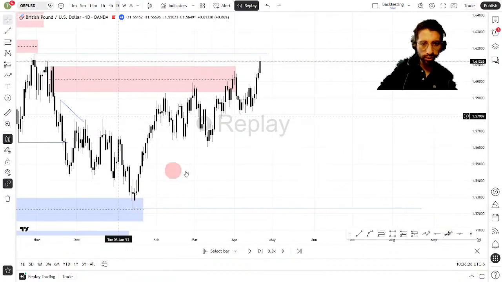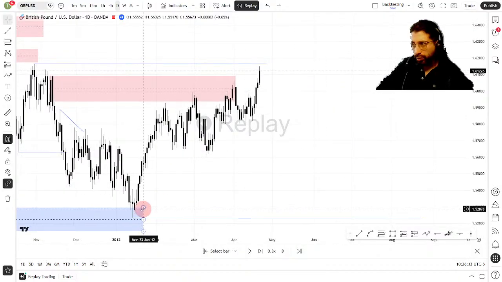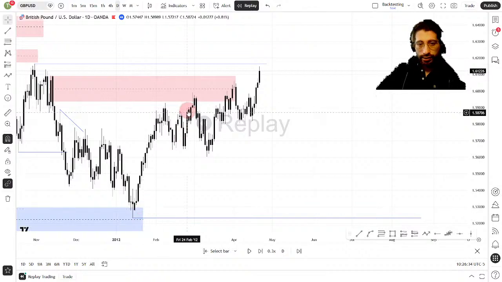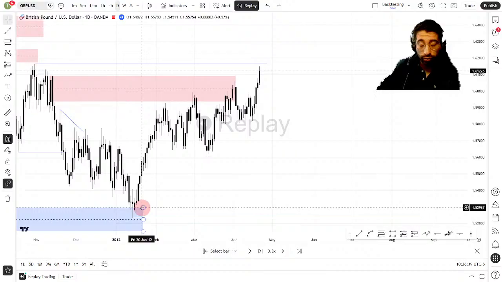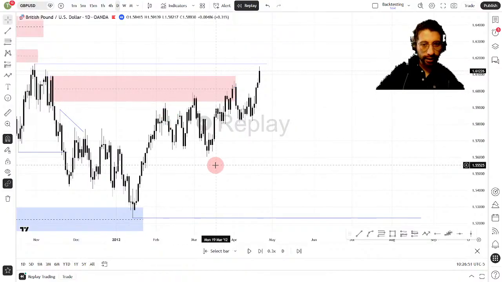So that's why I kept it as simple as that, right? Blue rectangles for demand areas, and red rectangles for supply areas, which most of the time are validated, or they have confluence with an order block, right?